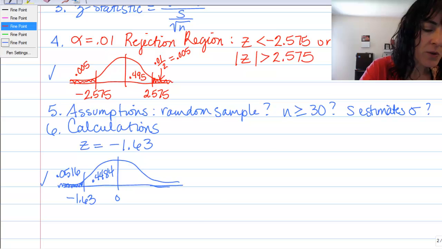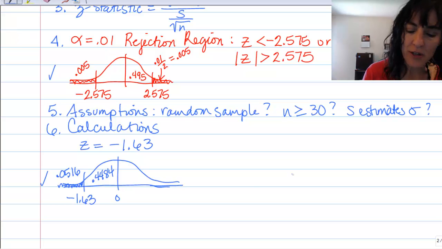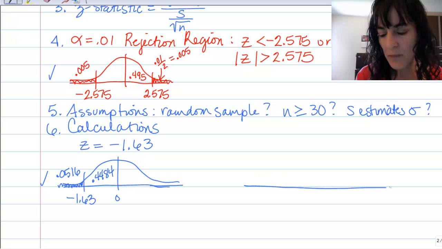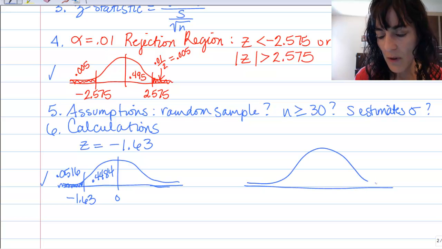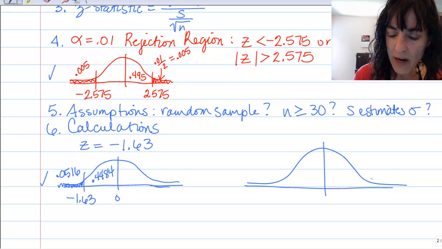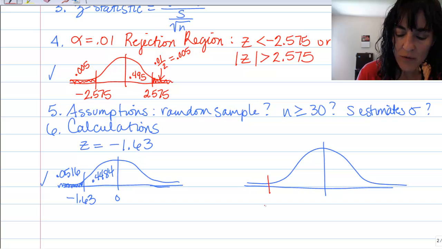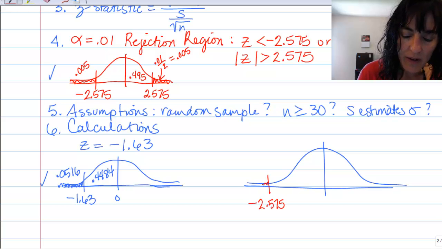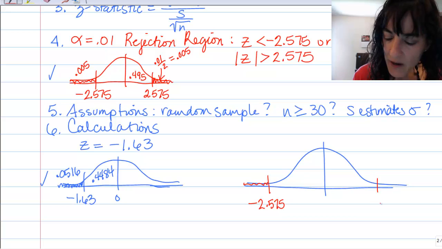And so I want to think about a combination of these two pictures where I have a rejection region way out here and way out here.